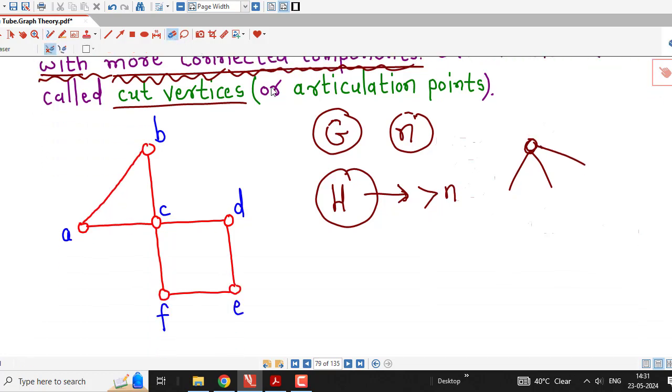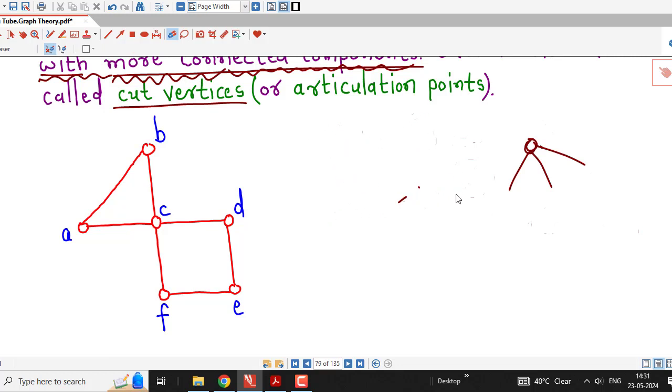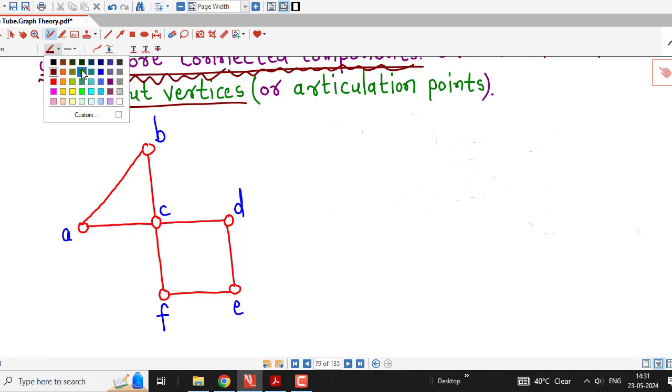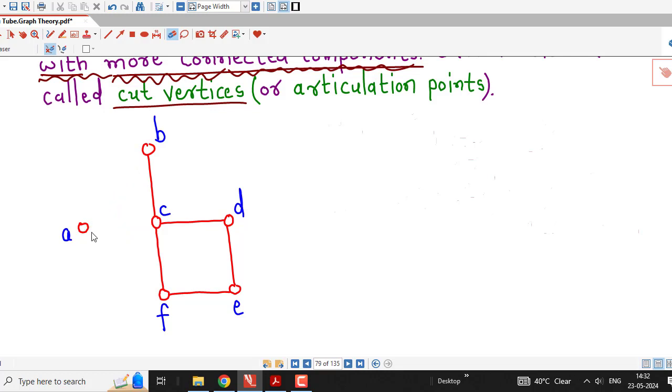Here we have one graph which is connected, and we can decide which vertex of this graph is a cut vertex. Suppose we check for vertex A. Suppose I want to check whether vertex A is a cut vertex, then what I will do, I will remove edges containing vertex A and vertex A itself.